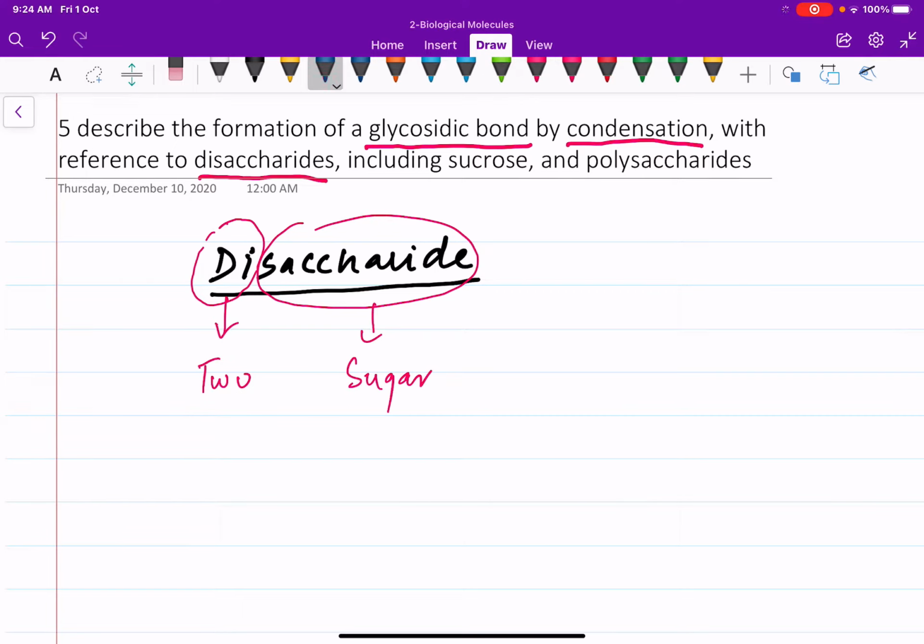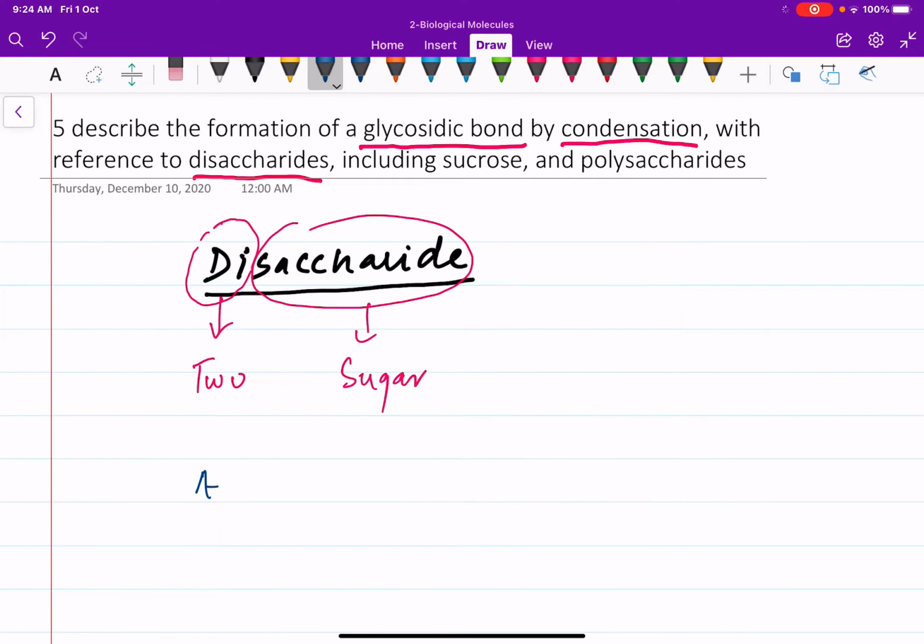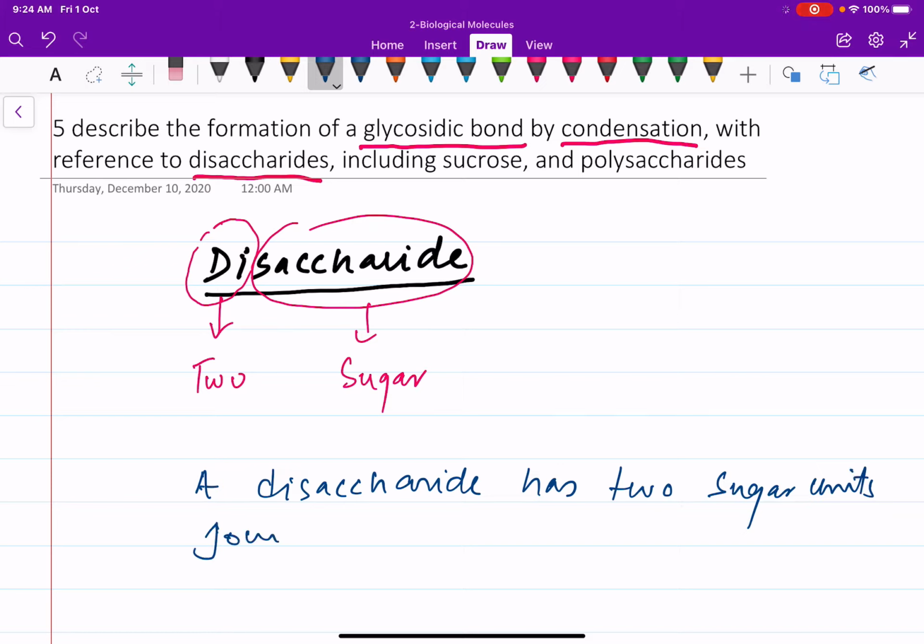So a disaccharide has two sugar units joined together by condensation.